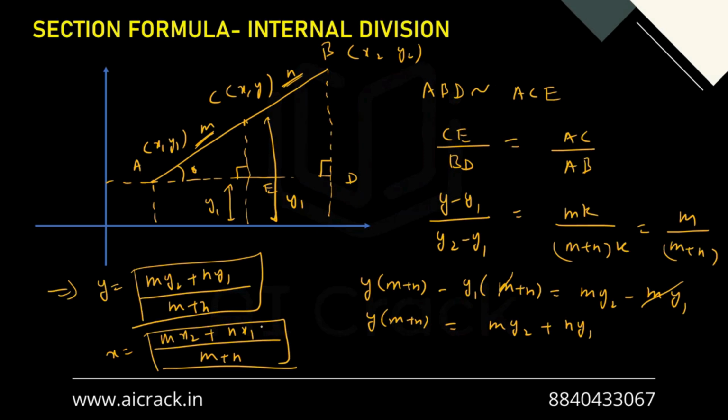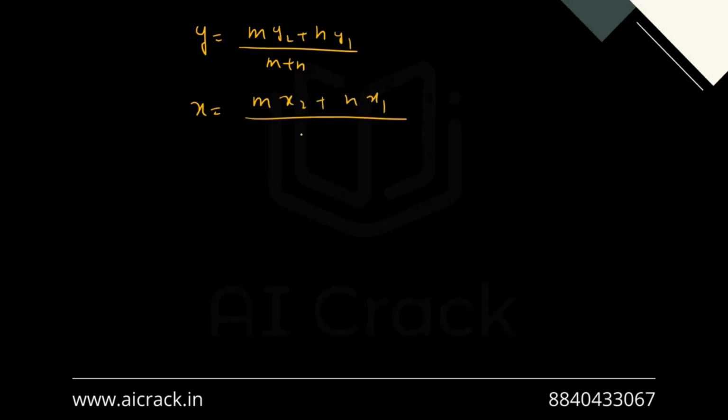So this is how you have to remember this formula. I'll write it over here once again to make it clearer: x equals (m x2 plus n x1) divided by (m plus n), and y equals (m y2 plus n y1) divided by (m plus n).